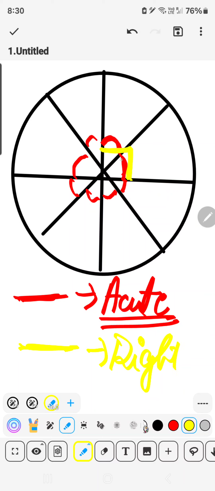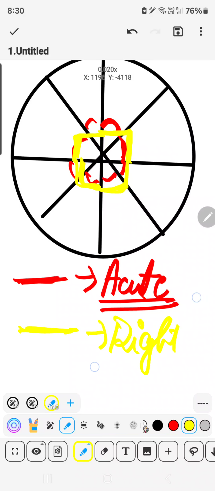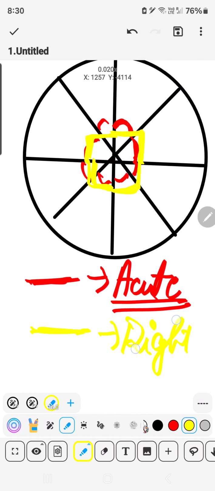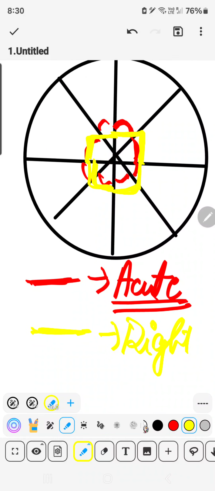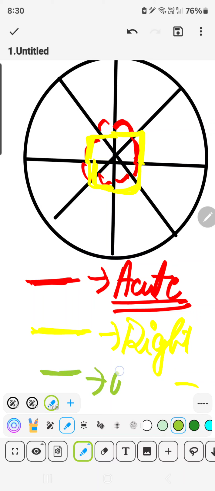This is a right angle, this is a right angle, and this is a right angle. Clear with the right angles? Okay, now I'll mark obtuse angle with green. Obtuse angle is this.